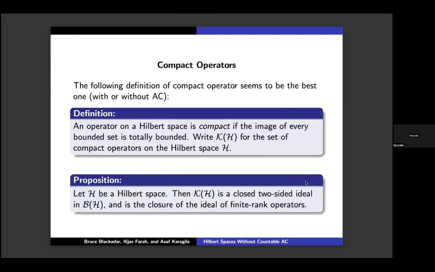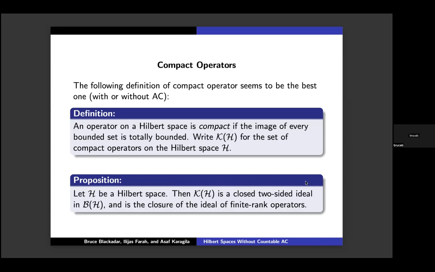Okay, so now let's talk about compact operators. And the first thing is we have to decide what's the right definition of a compact operator. Because under the axiom of choice, there are several well-known equivalent conditions for being compact, and you have to pick one of them as your definition. If you don't have the AC, these conditions are not equivalent anymore.